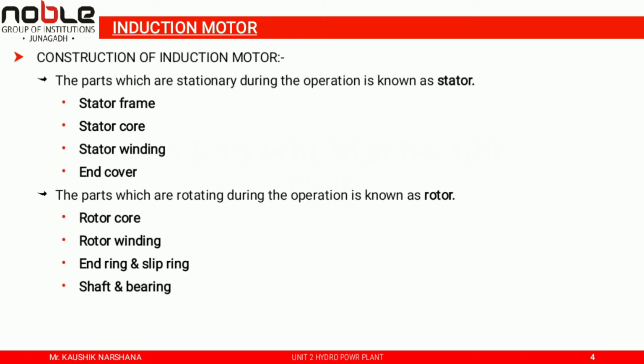Rotor also consists of four parts. Right? Parts which are rotating during the operation are called rotor. So rotor core, winding, end ring and slip ring, shaft, bearing, these are the parts of rotor. So induction motor is divided into two parts: stator or a stationary part, and rotor or a rotational part.